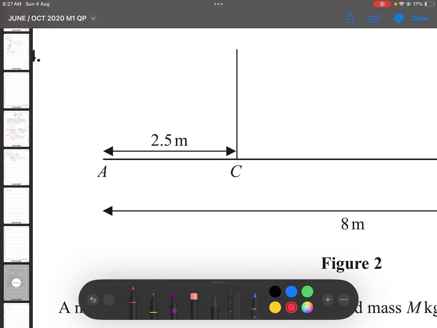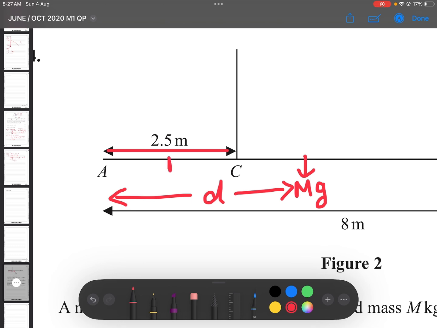Imagine the weight is acting here. It's going to be mg, and they said it's d meters from A. So it's d meters from point A. Then they said a 64 kg gymnast stands 1.875 meters away from A. As this is 2.5, 1.875 is going to be somewhere here.